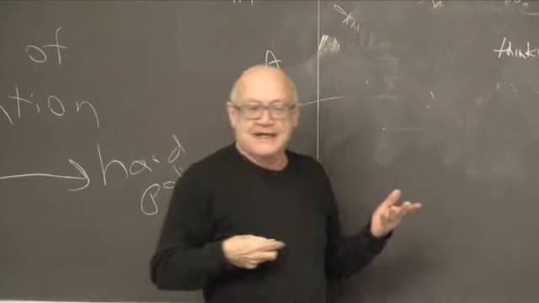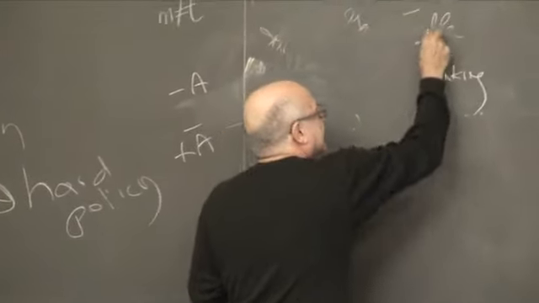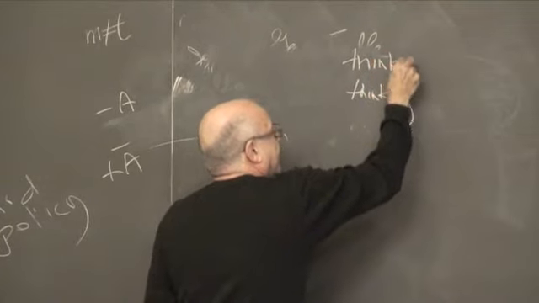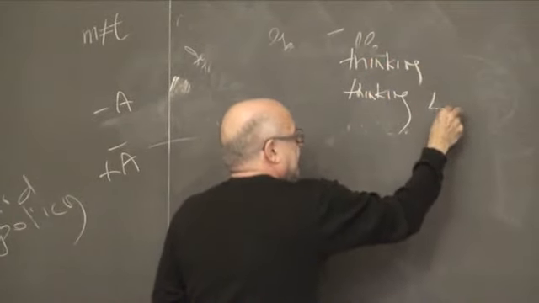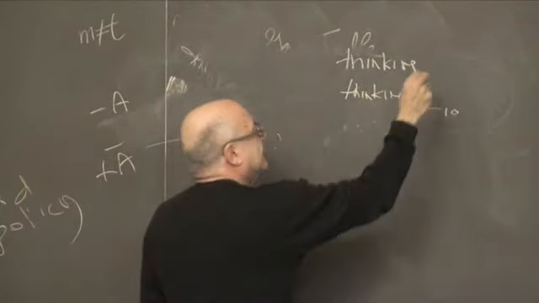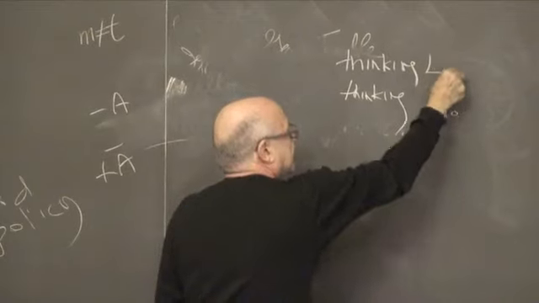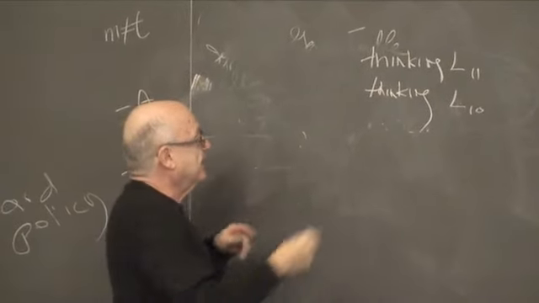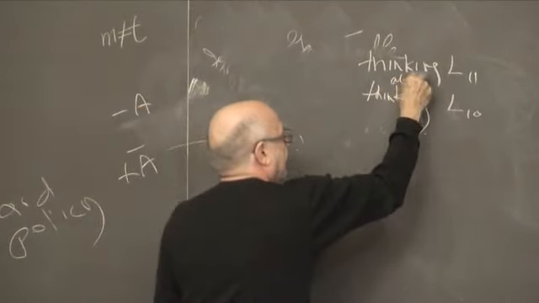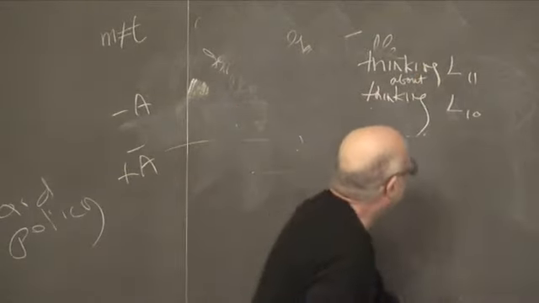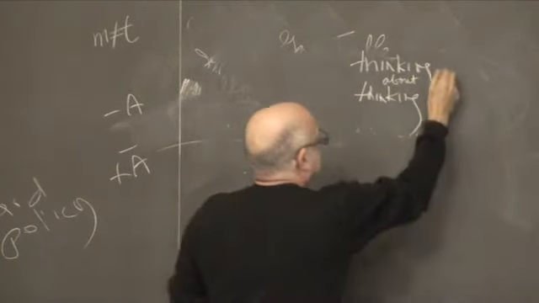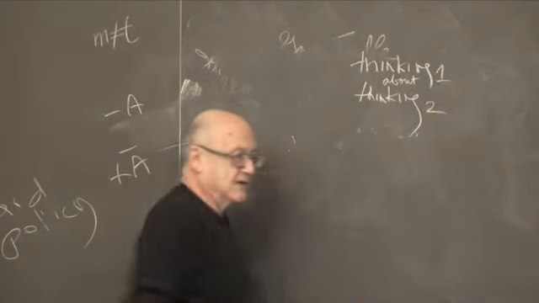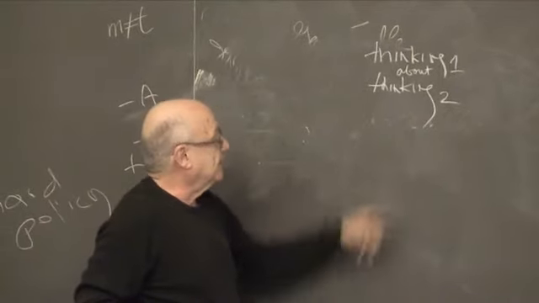So we have thinking, and here we have thinking about thinking. Thinking is, say, label level 10. Let's say thinking about thinking is label level, okay, let's call it 11. So thinking about thinking. Thinking 1 is not the same as thinking 2. So this is multi-ordinal index.